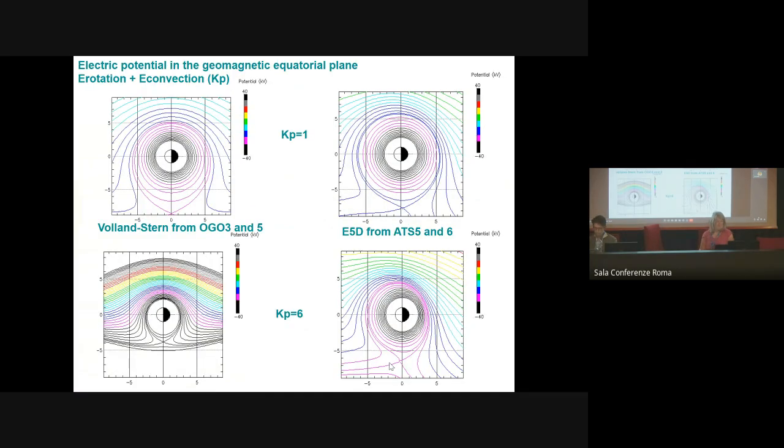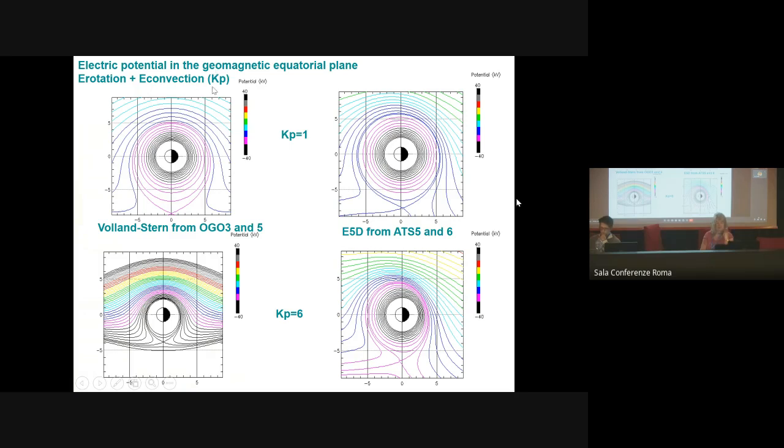Here you can see the combination of the potential, where the co-rotation electric field dominates at low distance. At low distance, you have a circle here for the equipotential, the isoline of electric potential. This corresponds to the region in co-rotation. At higher radial distance, it's the convection due to the solar wind effects that dominates.